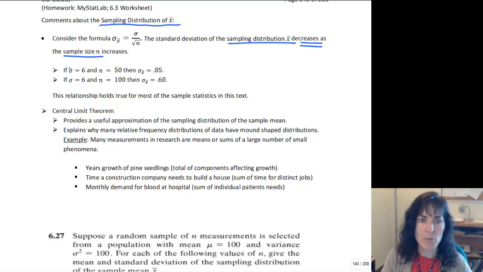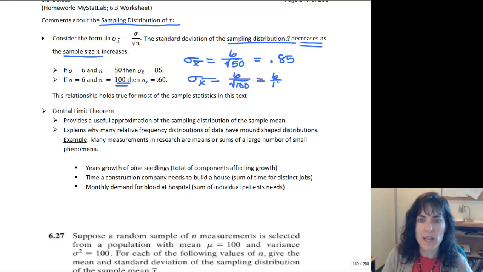So here's a real example. If your sigma is 6 and your n is 50, then your sigma for your x bar is going to be 6 over the square root of 50, which comes out to 0.85. Okay, if we double that and use an n of 100, then our sigma for our x bar is going to be 6 over the square root of 100, or 6 over 10, which is 0.6.